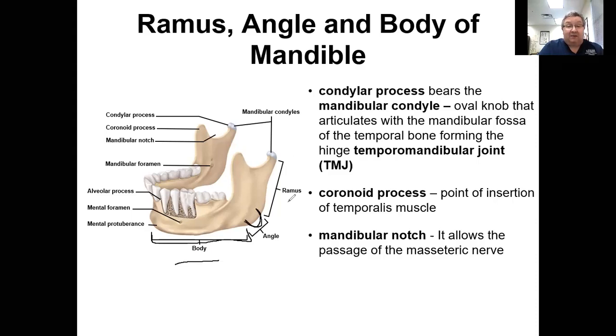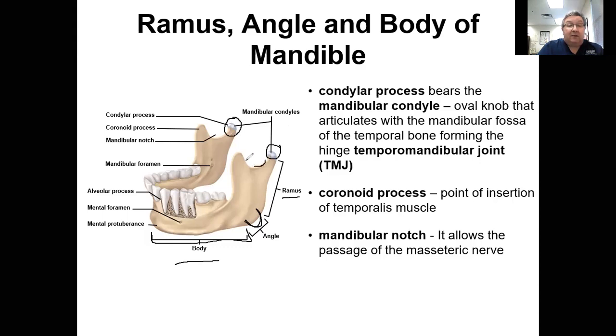The ramus, you will need to know this area here from the angle to the mandibular condyle. The mandibular condyle, there are two of them. These are the parts of the bone that attach to the skull and make up the temporomandibular joint, the TMJ. You will need to know the mandibular condyles.